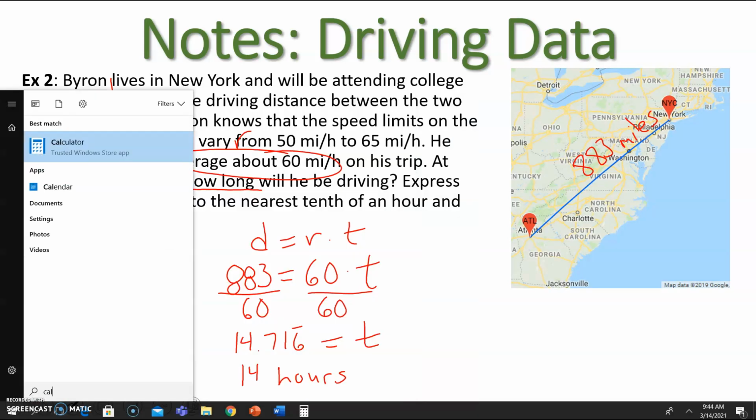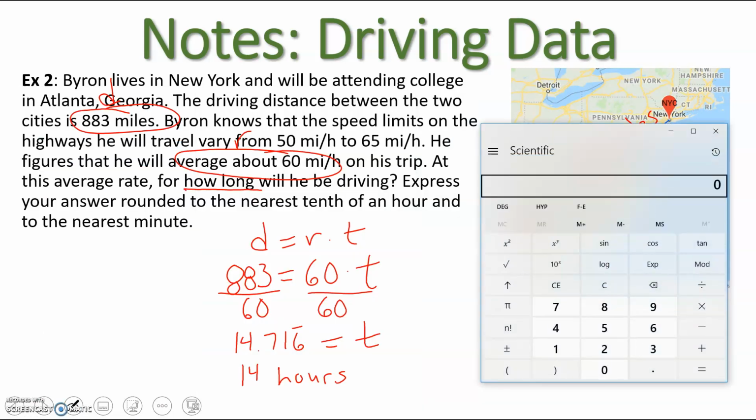So let's go ahead and figure out how many minutes that is. I'm going to remove the 14 hours, and then multiply that by 60 minutes in an hour to figure out how many minutes that is. So it's 43 minutes.